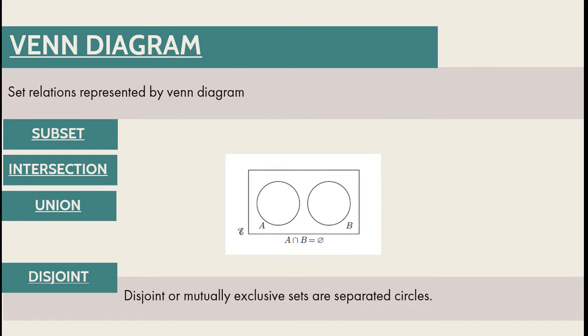When two sets have no elements in common, the intersection of A and B is the empty set. Can you see that? The intersection of A and B is the empty set when the two sets have no elements in common. Okay, so far so good. Now moving on.